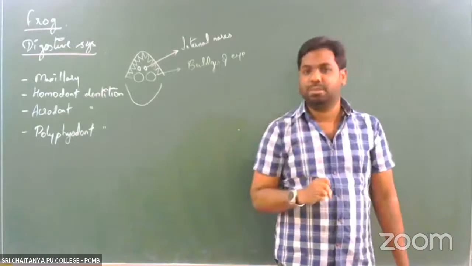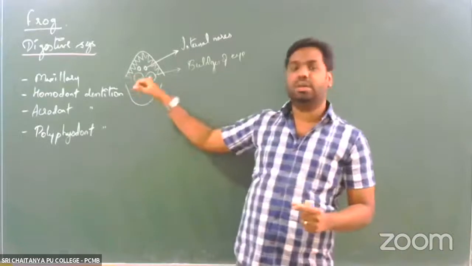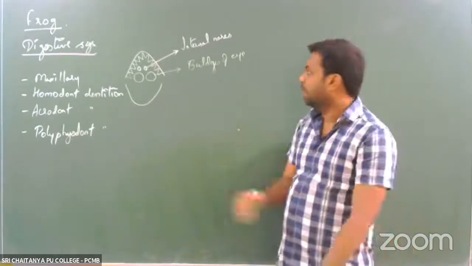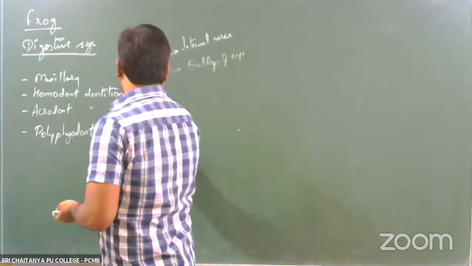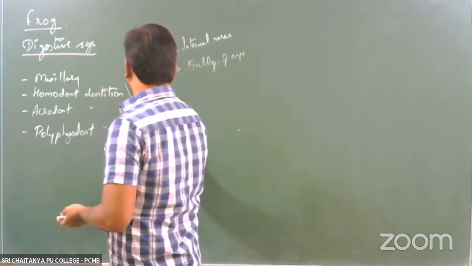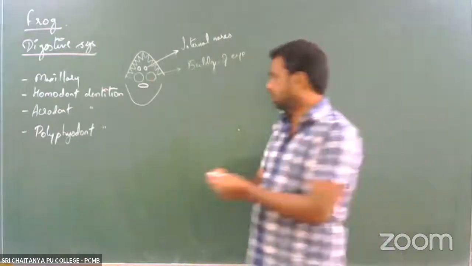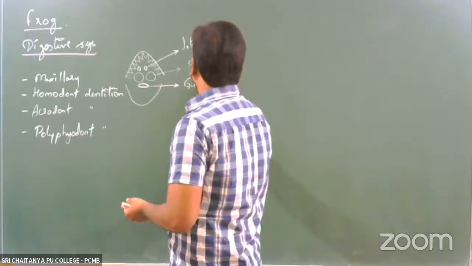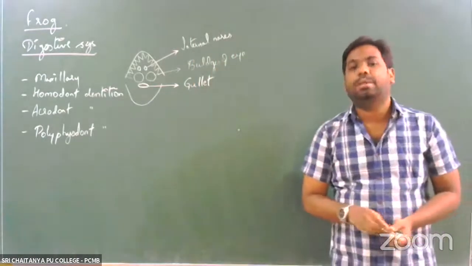The bulged eye sockets can usually be observed inside the buccal cavity when the organism opens its mouth. Below these bulges of the eyes there are two openings, but we'll focus on only one for now because we are talking about the digestive system. This opening we call the gullet. The gullet is the opening of the alimentary canal.